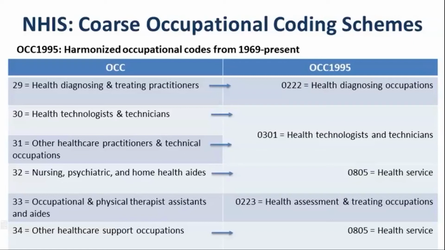Codes 32 and 34 get combined into code 805, health service occupations, during harmonization. And finally, code 32, nursing, psychiatric, and home health aides, get coded as health service occupations. So like I said, we end up with 4 harmonized health workforce occupation codes with the course NHIS occupation data.